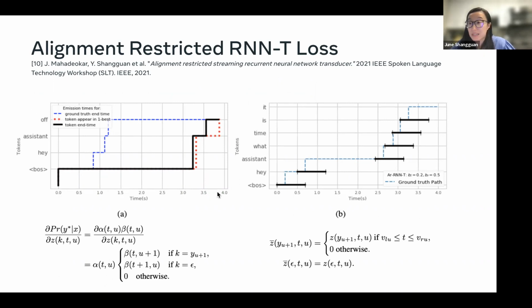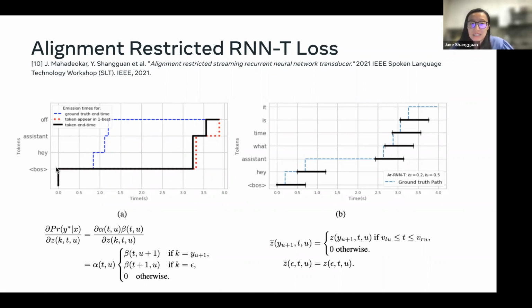In this matrix, the vertical axis is the tokens and the horizontal is the time. We first do a hybrid model alignment. We basically take the ground truth and ask which frame is the most probable for the token to be emitted. The alignment shows us the ground truth is the blue one.